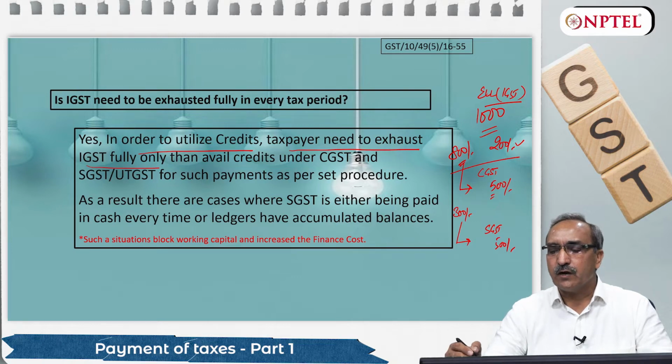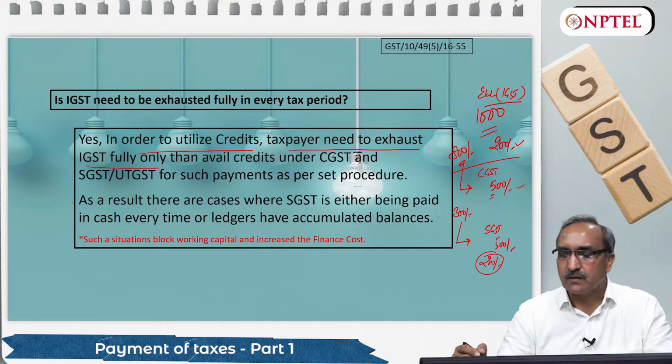So here you have paid CGST fully from IGST. Here 300 rupees is used from IGST for the payment of state GST, but 200 rupees is still to pay, because my actual liability is 500 rupees and IGST is giving me only 300 rupees.